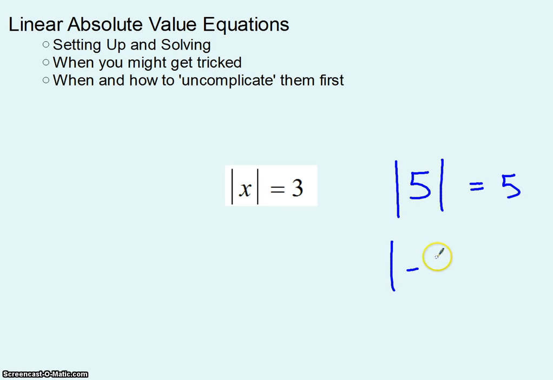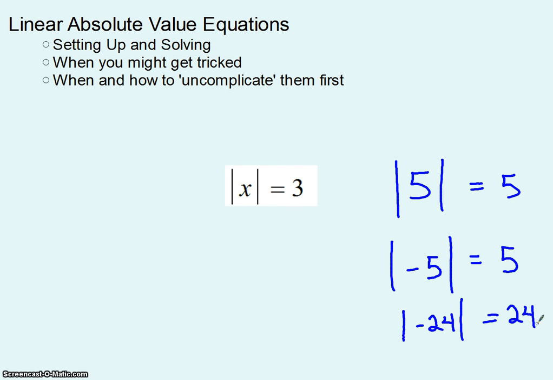Well, if I had written absolute value of -5, what's its distance from 0? It's still 5. Okay. What about -24? Well, how far is -24 away from 0? 24. Okay.